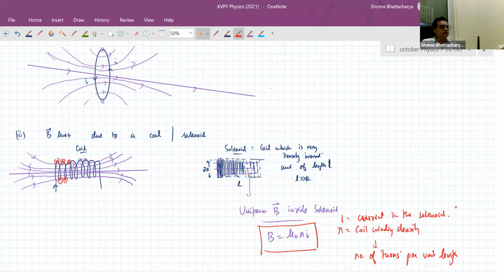When we make that coil very, very densely wound, and its length is very large compared to the radius, then it becomes more ordered. It becomes a solenoid, and the magnetic field lines inside that solenoid become almost perfectly uniform. So this is the essential part of the magnetic effect of current.